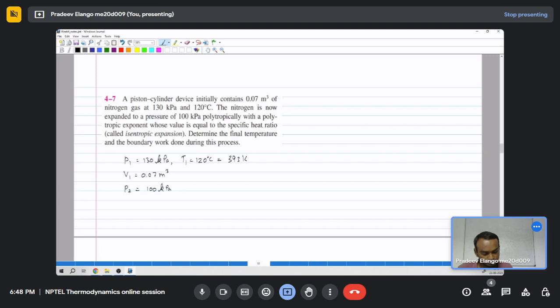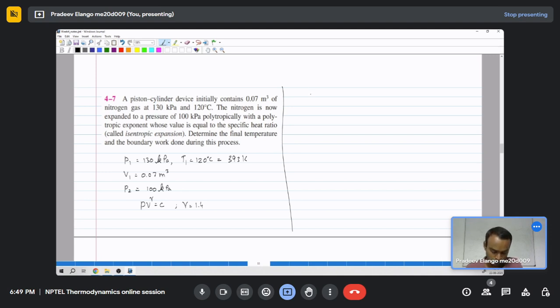The expansion is isentropic, so PV power gamma is equal to constant, and since it is nitrogen gas, which is a diatomic gas, we know gamma is 1.4. So we have to find the final temperature and the boundary work done.